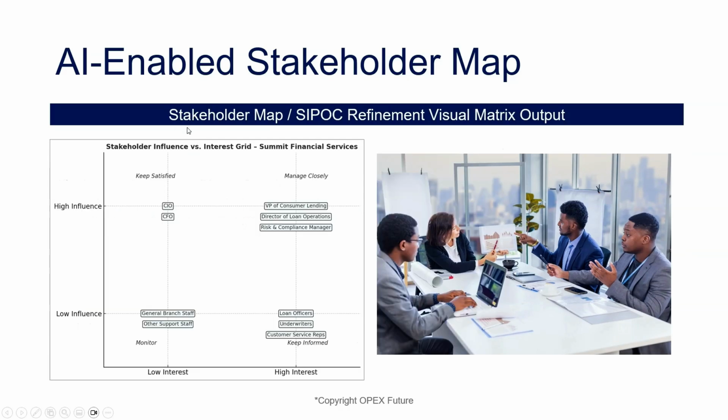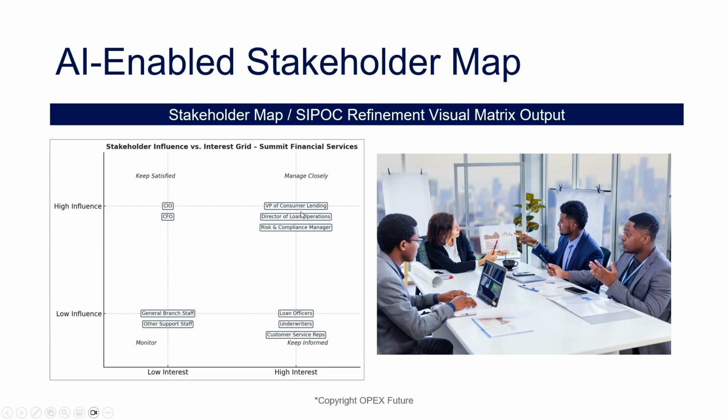And we were even able to take that information and create a visual matrix here. So thanks to ChatGPT, I was able to utilize that information, get it out of that text format, and now put it into a visual format. In this visual format here, you can see we have our groups that you already saw represented in the matrix, but here we have our visual stakeholder influence versus interest grid.